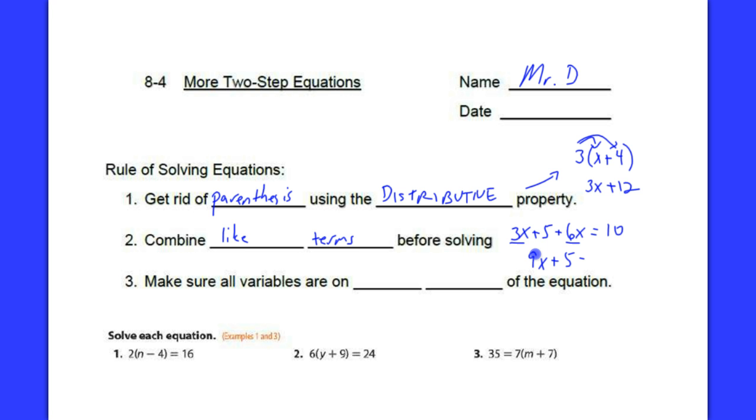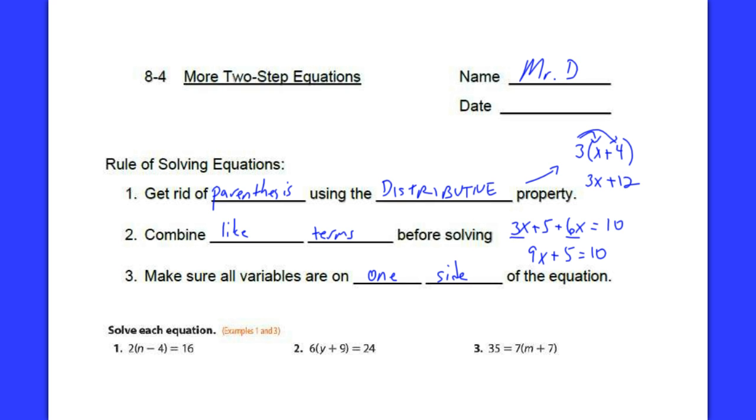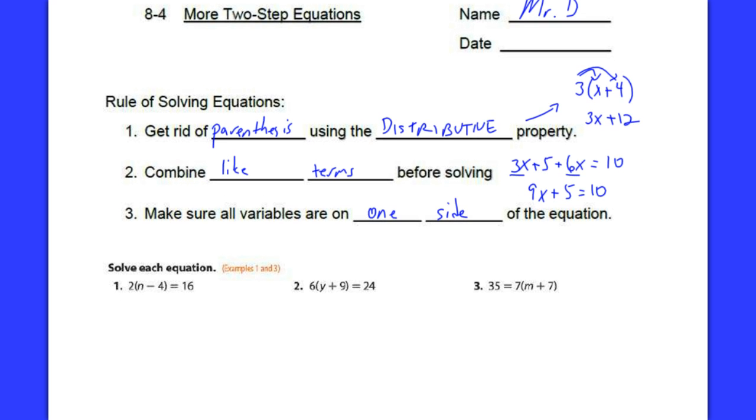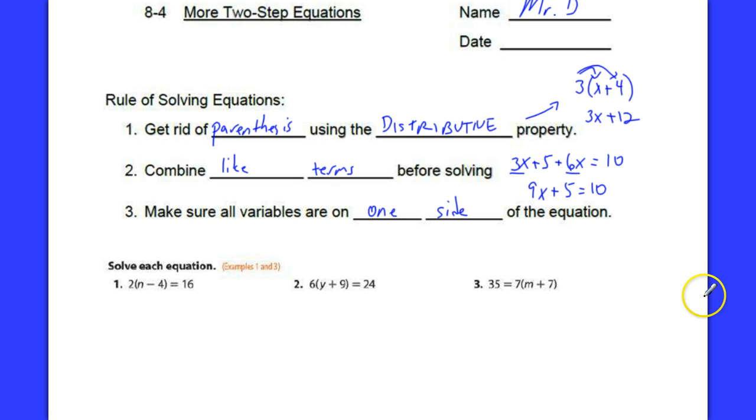I still have plus 5 is 10. You always want to do those two things first before you start trying to solve the equation for the variable. And then the last thing you want to do is make sure all variables are on one side of the equation before moving on. At that point you can then start solving the equation.